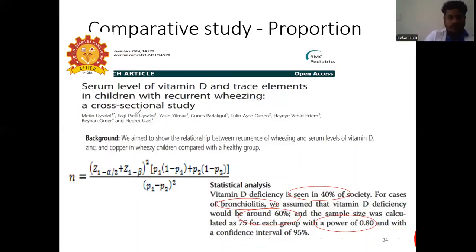We already know that, set 1 minus alpha by 2, that is 1.96, plus 1 minus beta value, that is 0.84.